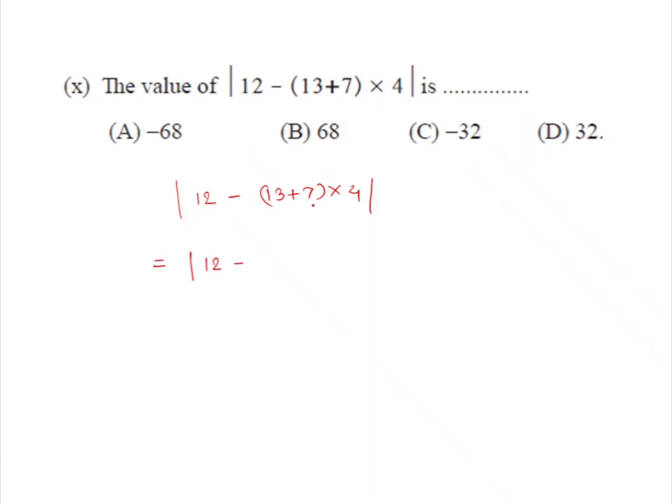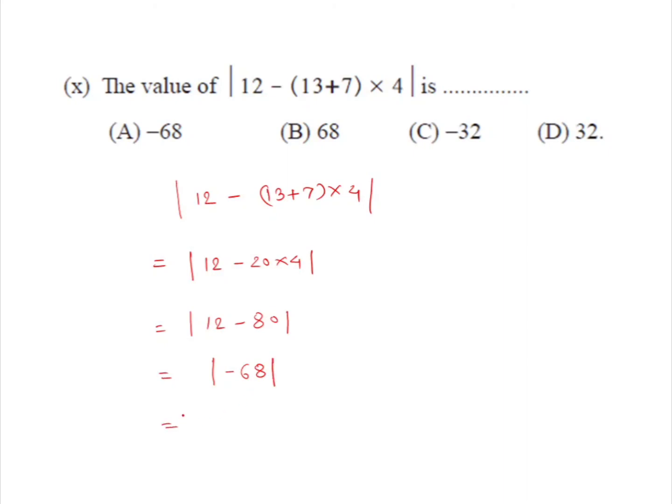Then we will resolve this bracket, 13 plus 7, that's 20, into 4. So we will get 12 minus 20 into 4, that's 80. So here the modulus of 12 minus 80, that's minus 68.